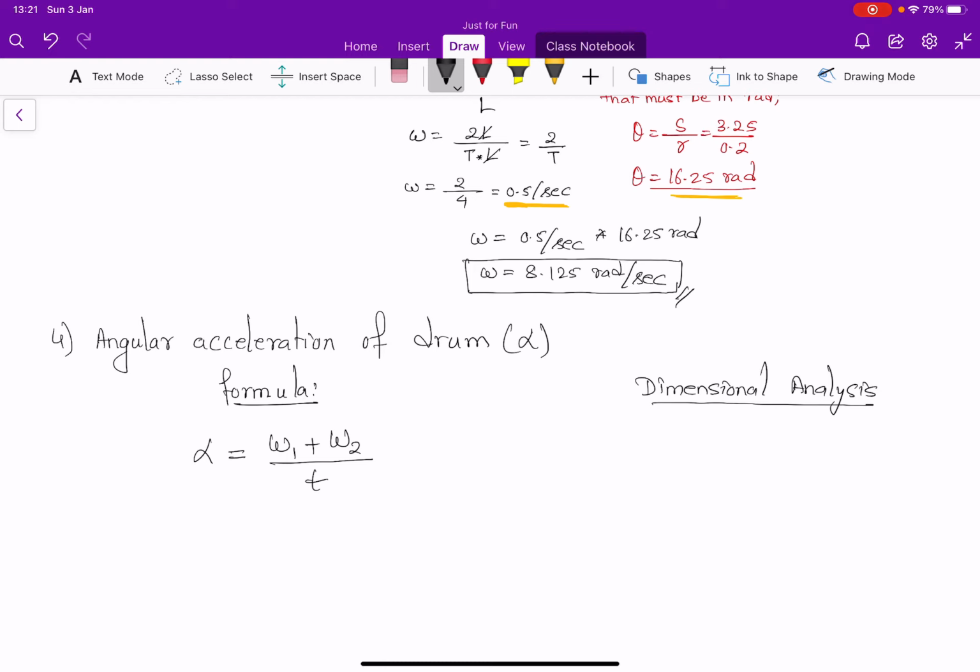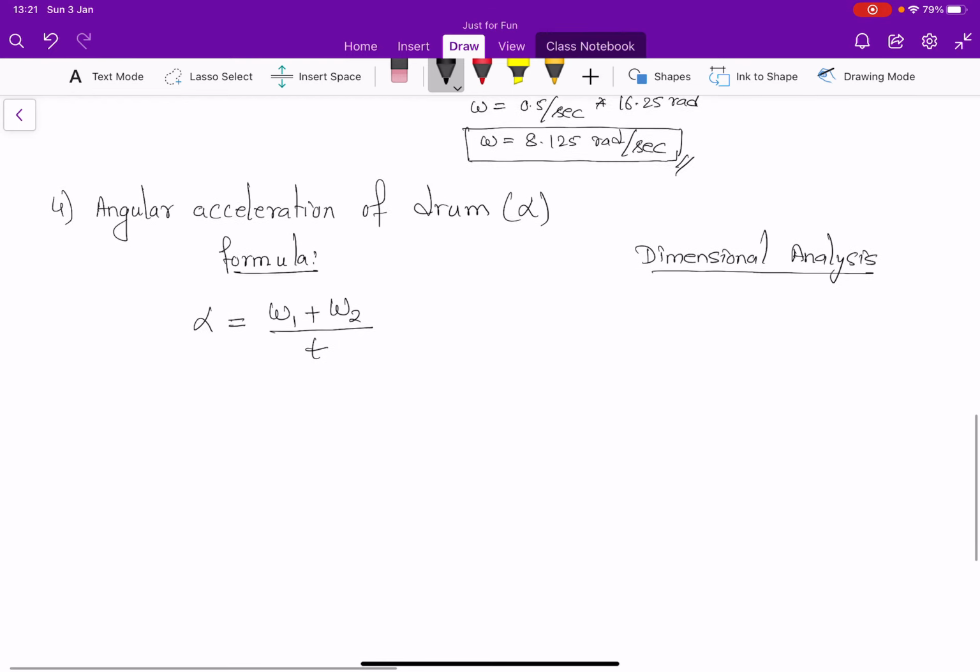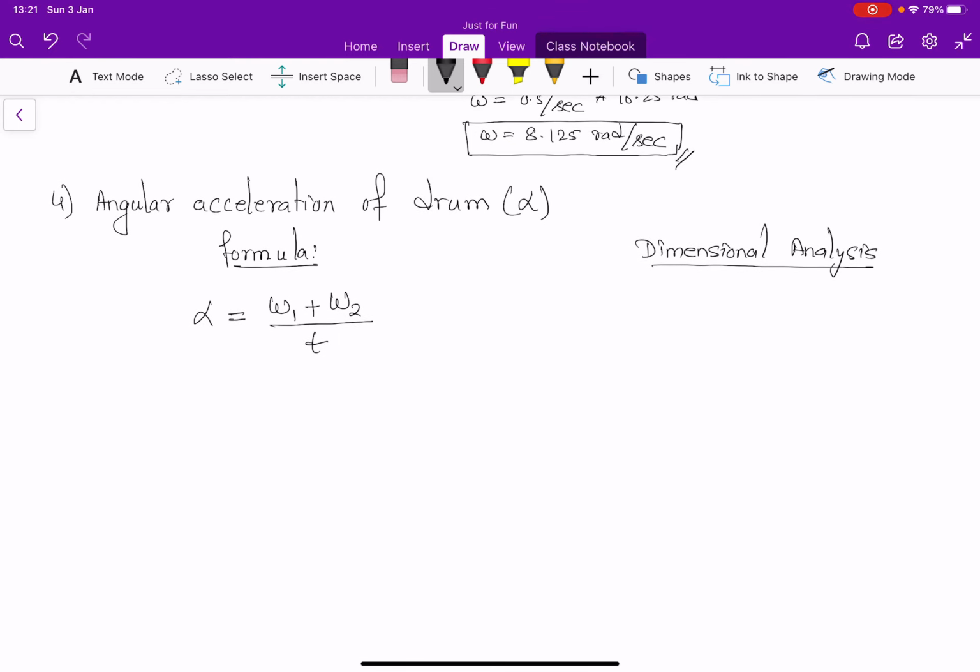And that's our formula. Since the linear velocity was 0 because it was resting, and the same thing was happening to the drum, it was resting also.